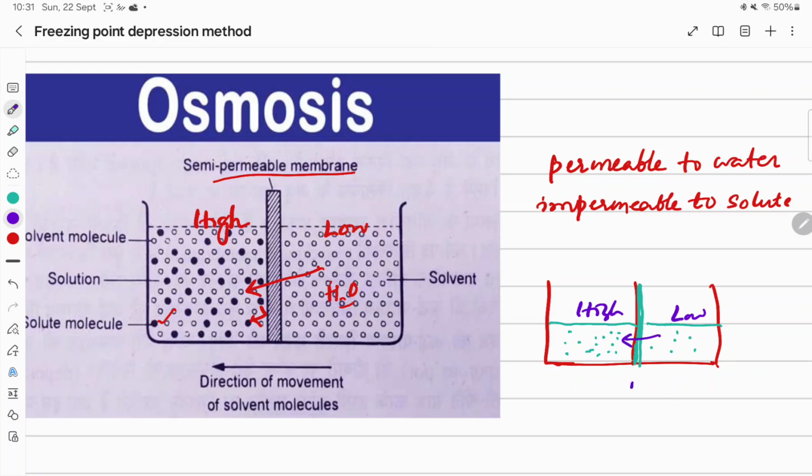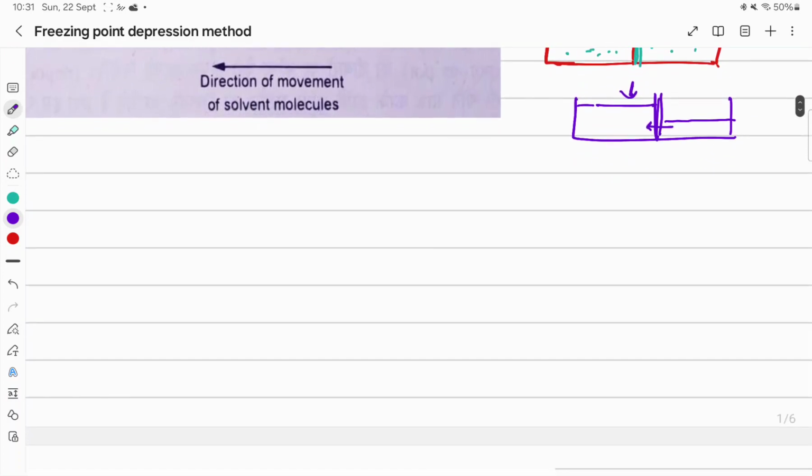So after some time, what will happen? This side will increase in the water volume, and this side there will be decrease in the water volume because of flow of solvent from low concentration to high concentration. So that process is called osmosis. So movement of solvent from low concentration to high concentration.